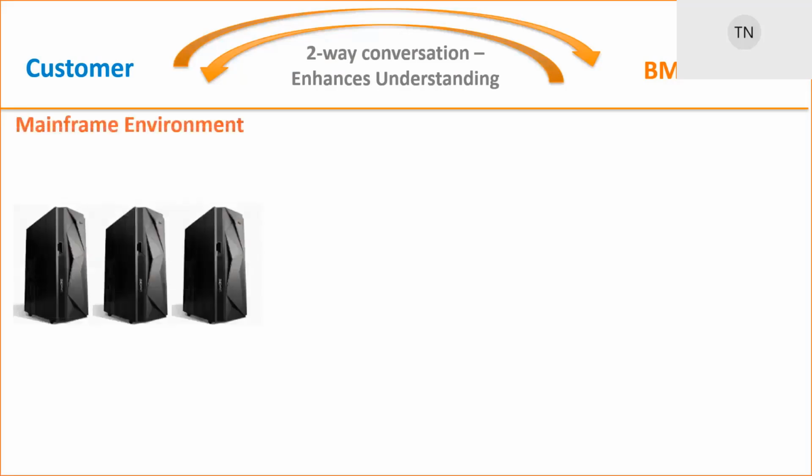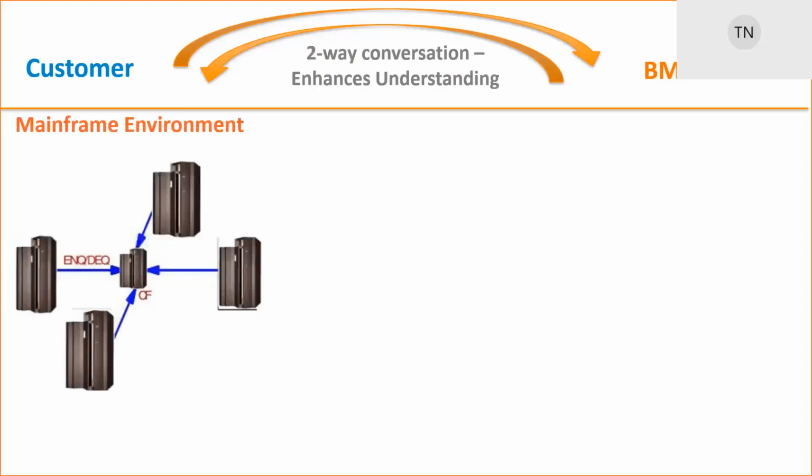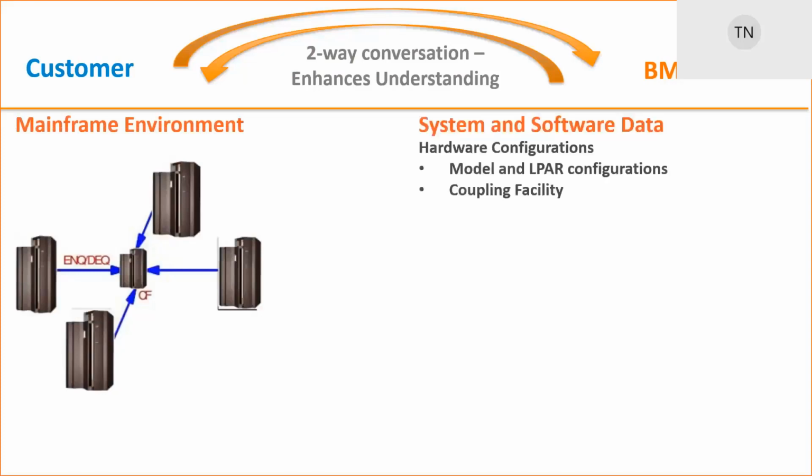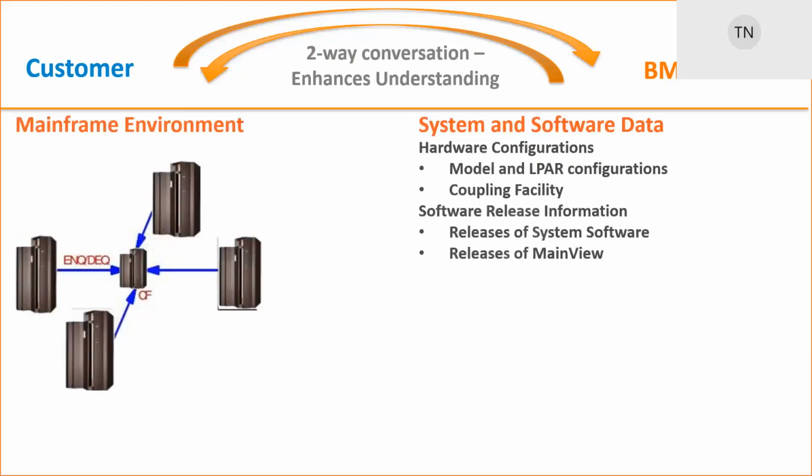So we're going to use the data from AMIOPS reporting to understand the customer's environment, regardless if they have one LPAR or multiple CECs. And we will gather hardware and software data. We can detect model and LPAR information, coupling facilities, what software releases they're running, what DB2 releases are running on each LPAR, what's the z/OS level, what releases of the various AMIOPS products.